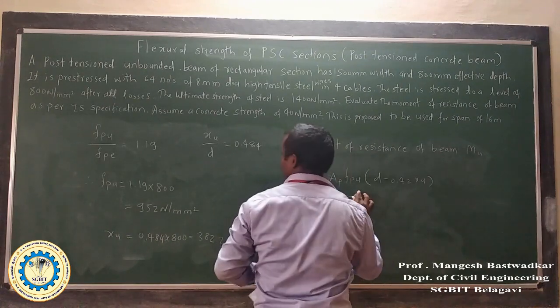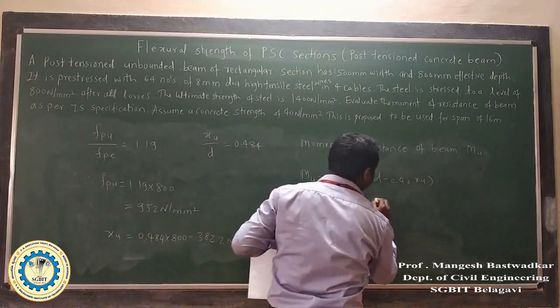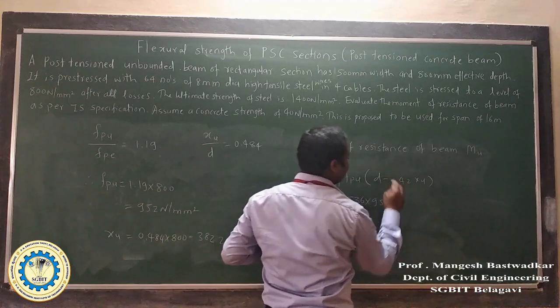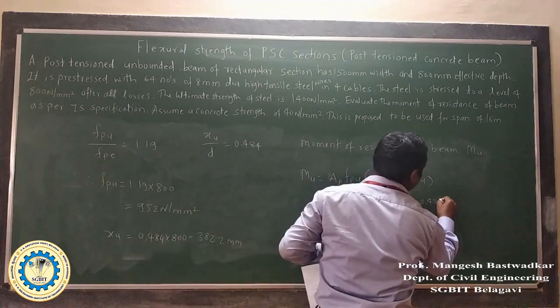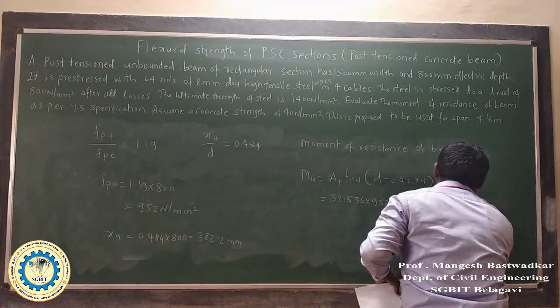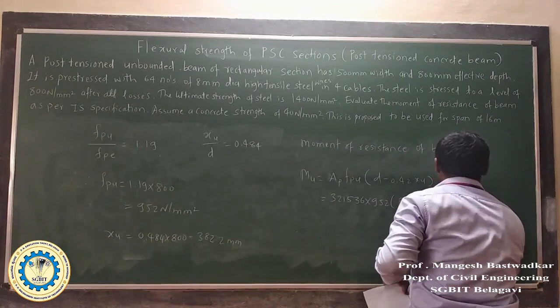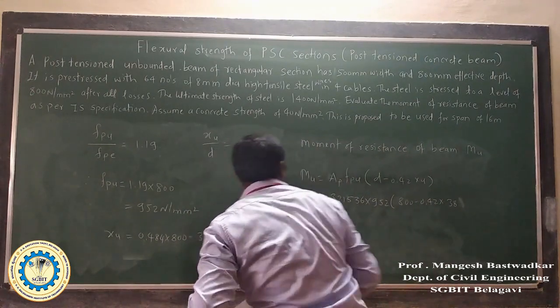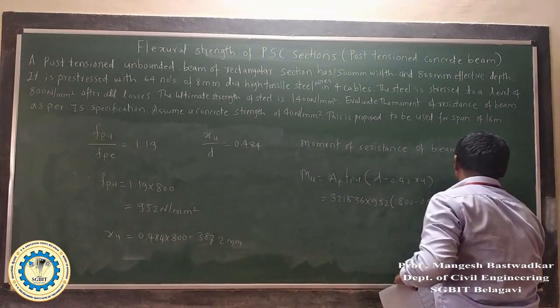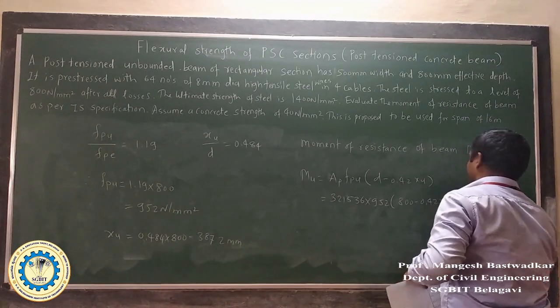Then FPU value already we have calculated. This is 952. Then effective depth is 800 minus 0.42 into value of XU is 387.2.